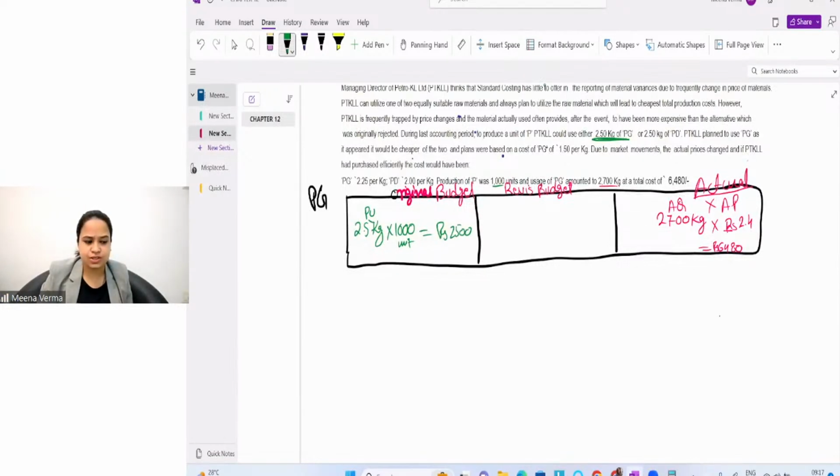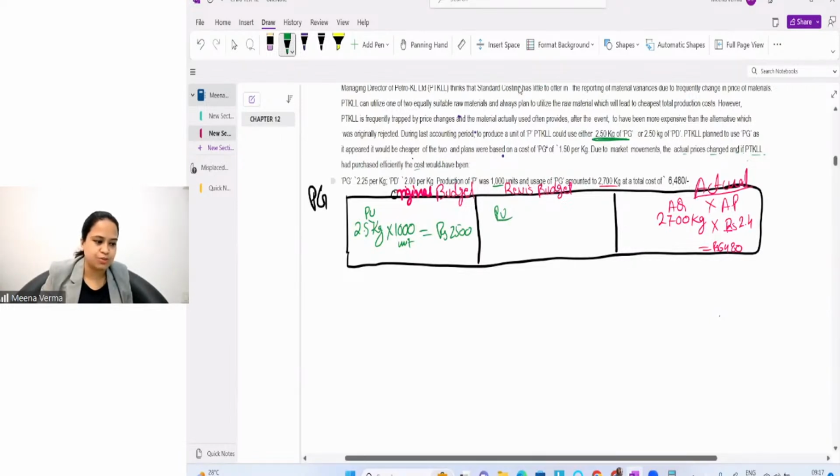This will be the original budget cost. Now, what is the revised budget cost here? You will see what the revised budget of this product is, right?